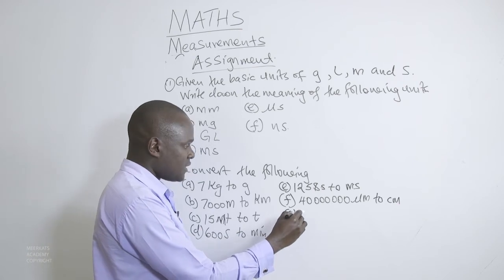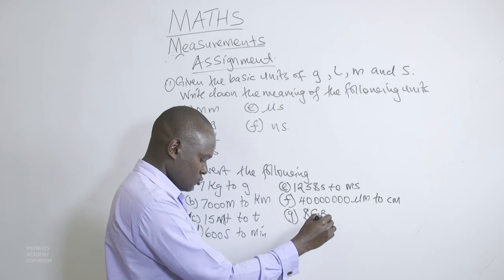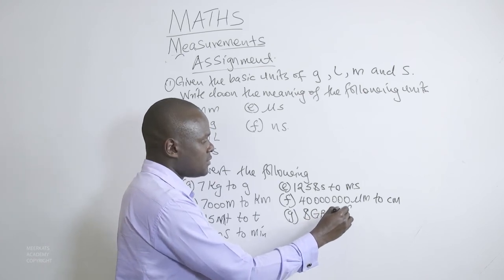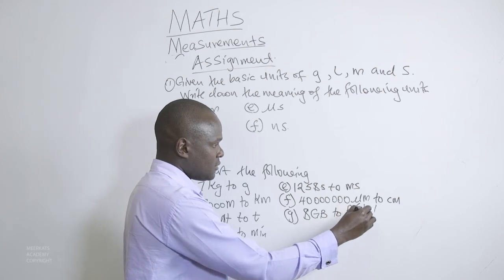You also convert 8 gigabytes to bytes. These are units of storage capacity in a computer.